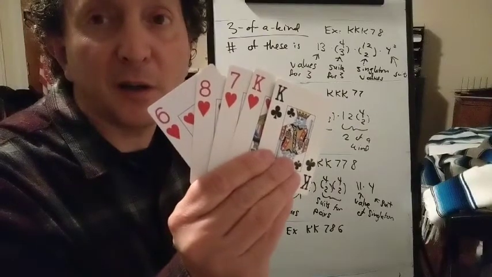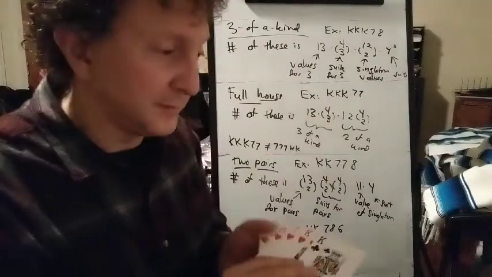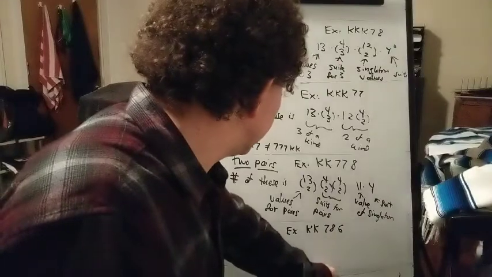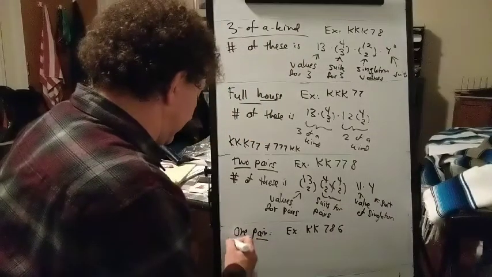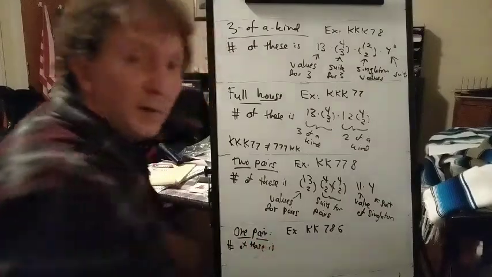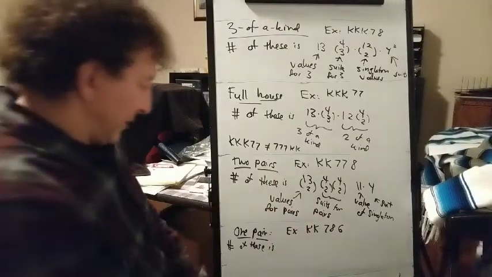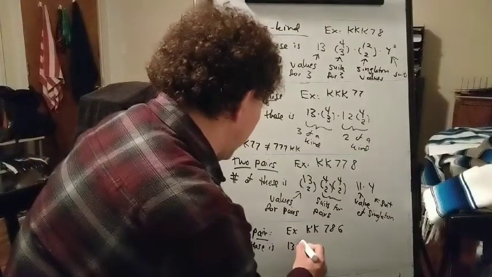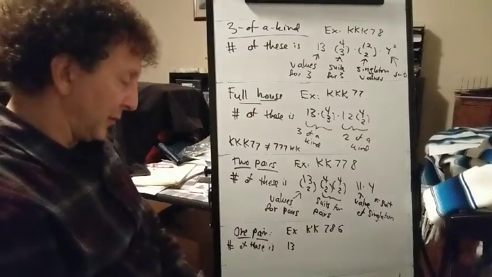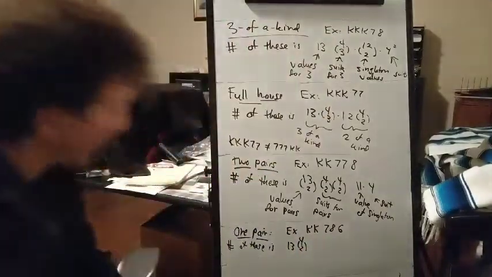The other 3 cards have values which are different from the king and different from each other. So the number of these is 13 choices for that value. Then we need to choose 2 suits for those 2 kings, or whatever the value of the pair is. So 4 choose 2 suits.